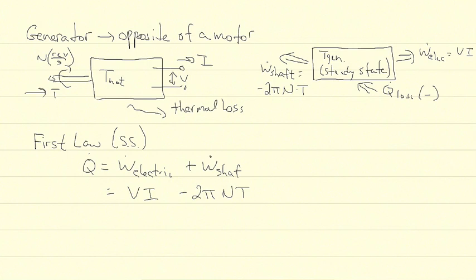Okay, now the one thing that we do have to pay attention to is how efficiency is defined, right? So efficiency is going to be defined a little bit differently than it was. Conceptually, it's still the same definition, right? So we can still say that efficiency is what we get divided by what we pay for.